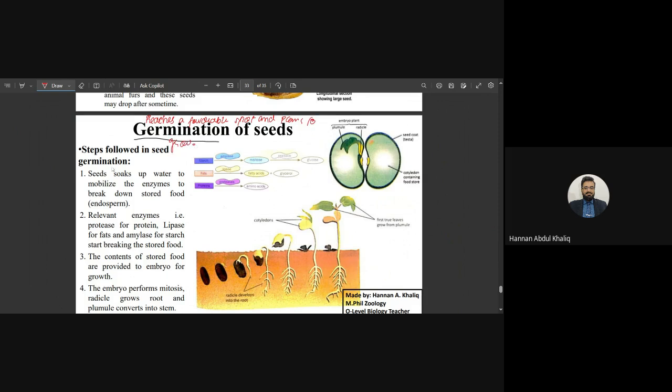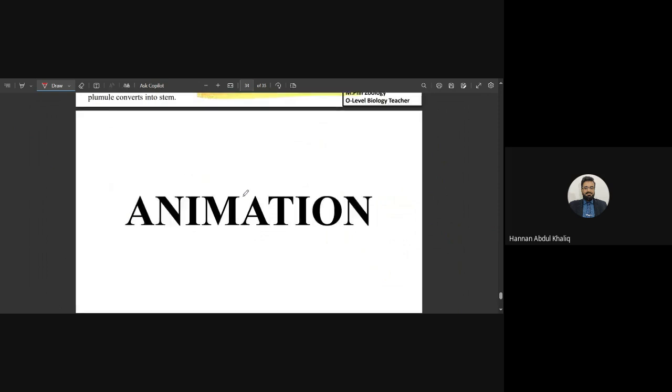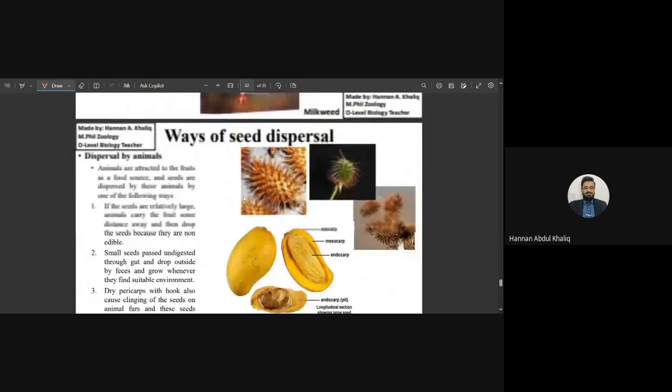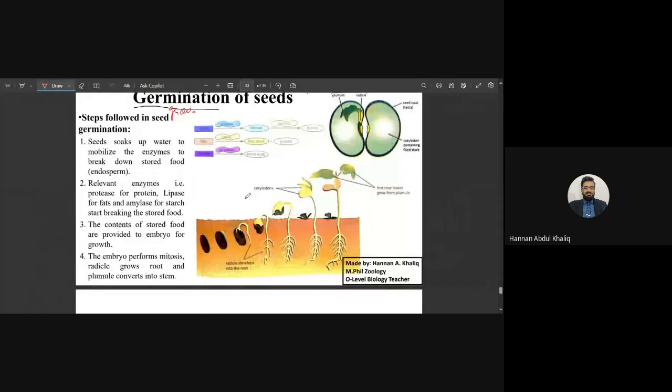Remember the conditions for germination, by which I mean the minimal requirements for growth. Number one, suitable temperature. Number two, enough water. And number three, oxygen.